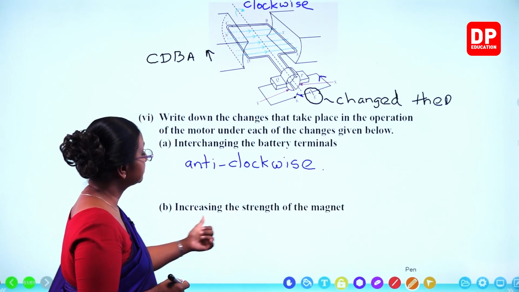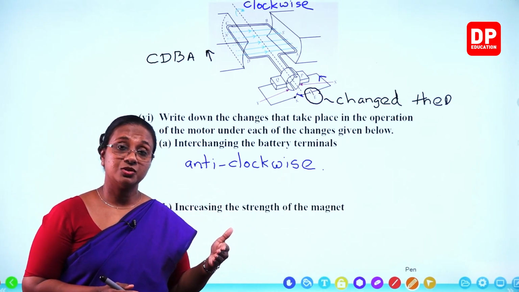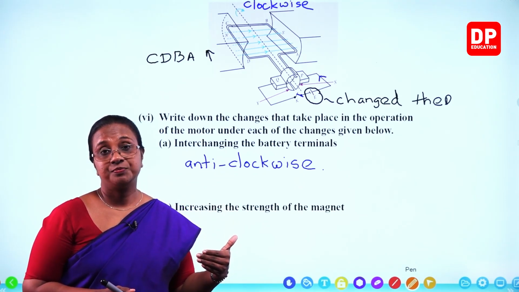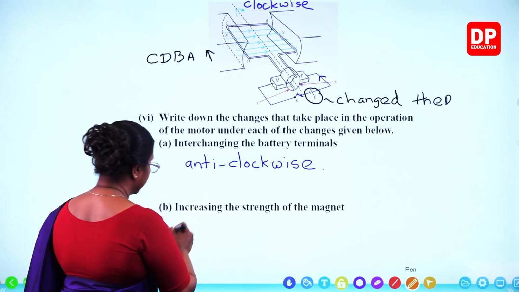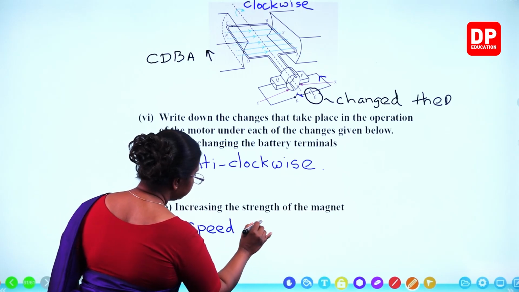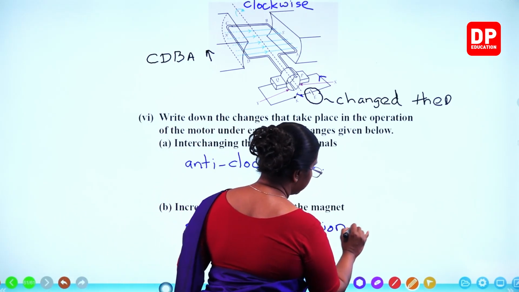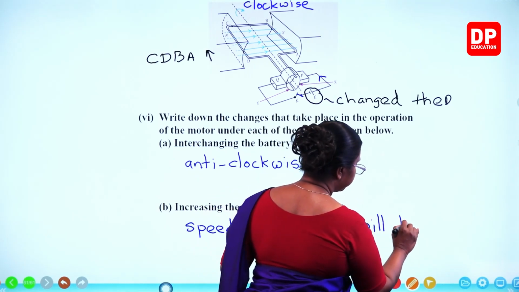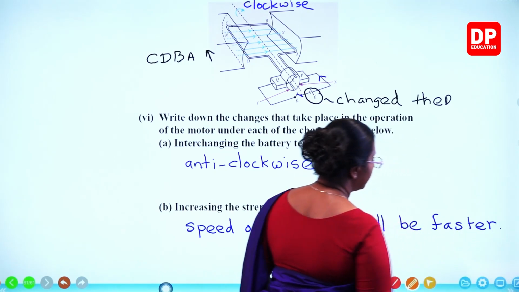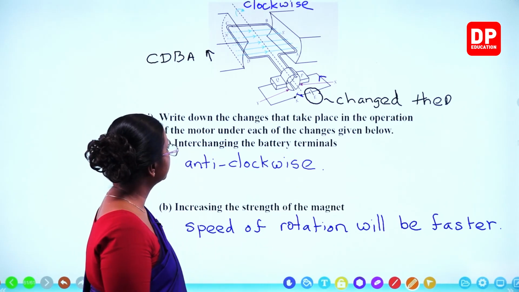So, when you increase the strength of the magnet, the magnitude of force will increase. So, the coil will rotate faster. So, there you can say the speed of rotation will be fast. Why? Because the force is greater.